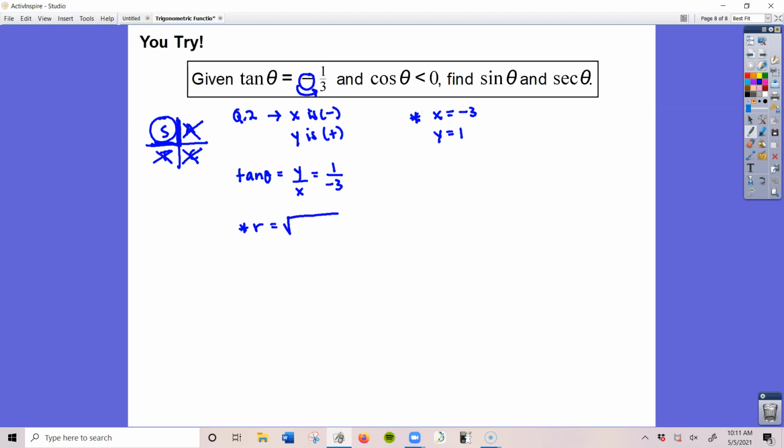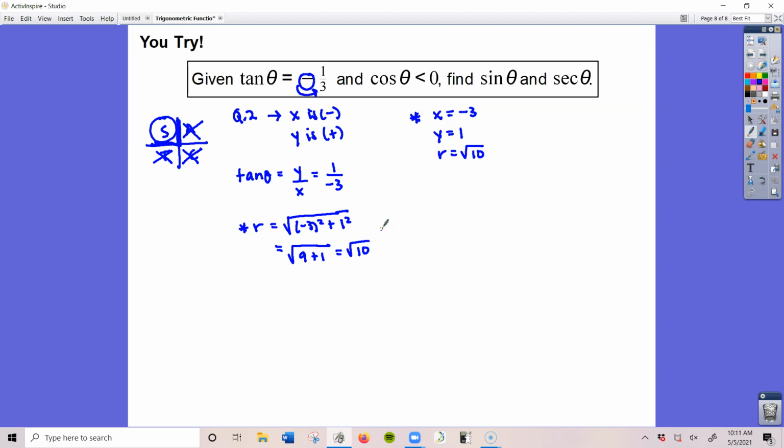r is going to equal the square root of x squared, so negative 3 squared, plus y squared, which is 1 squared. Negative 3 squared is 9, plus 1. So we end up with that the radius, r, is equal to the square root of 10.